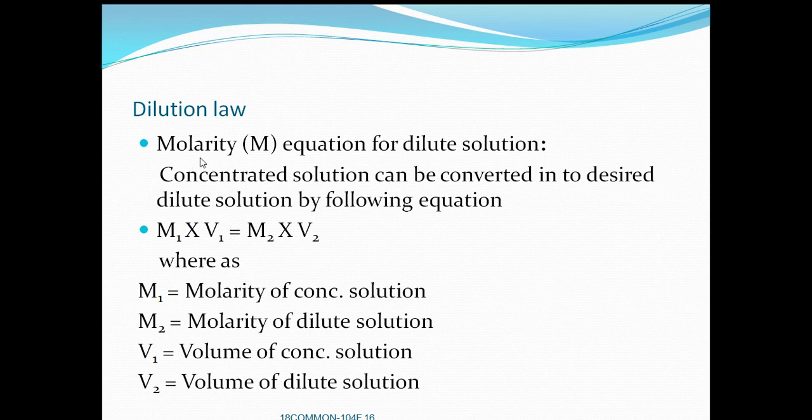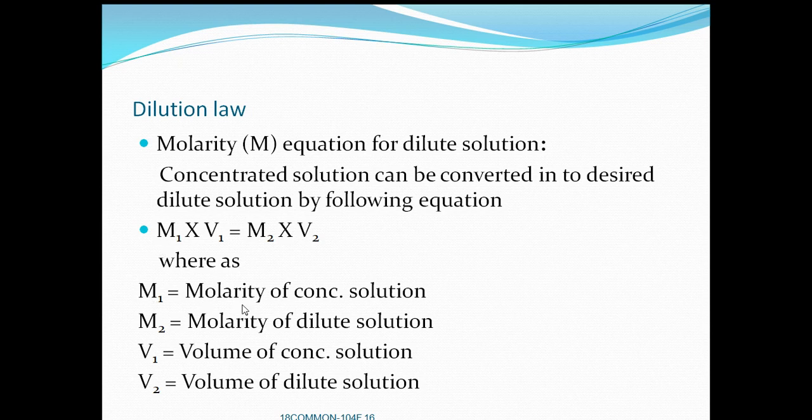What is the formula? Molarity equation for dilute solution: a concentrated solution can be converted into the desired dilute solution by the following equation. What is the equation? Capital M1 into V1 equal to capital M2 into V2. Simply, M1 V1 equal to M2 V2. What is the meaning of M1?